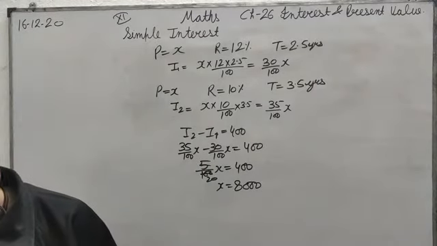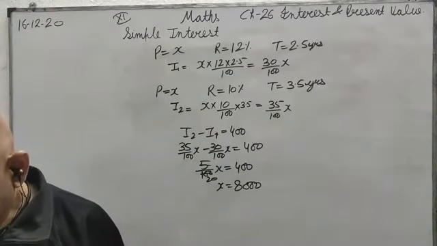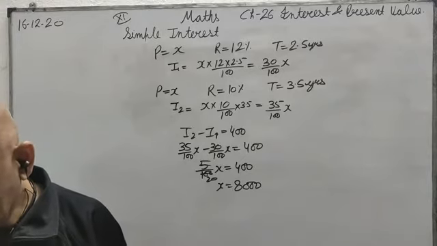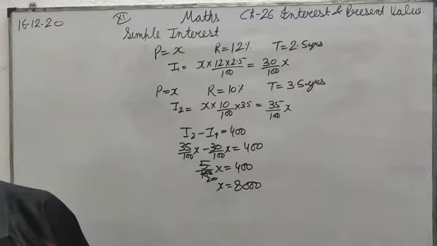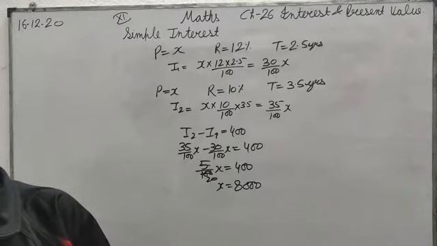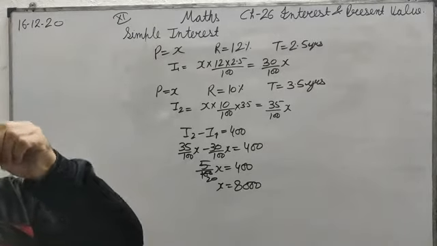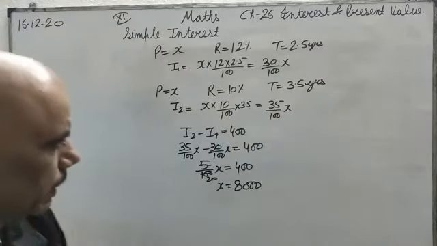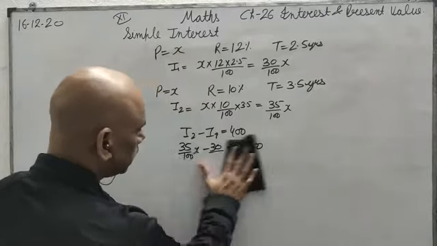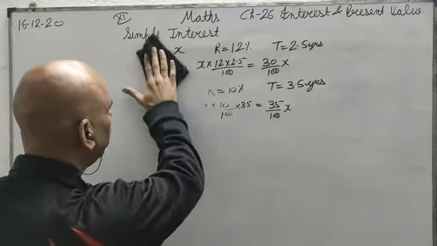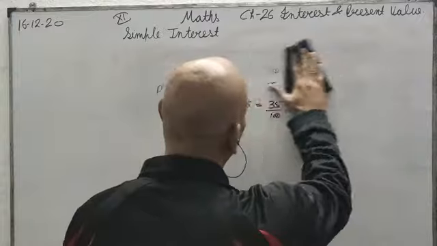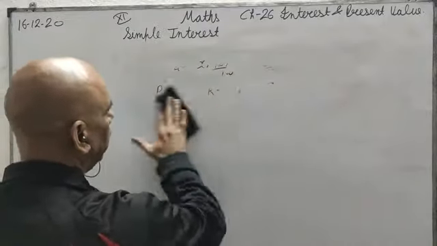Okay. Now what is he looking for? He is looking for the rate. At what rate percent per annum will 800 amount to 1000 in 2 years? At what rate will 800 become 1000 in 2 years? Since the principal and sum are both available to us, the difference of them will be the interest.